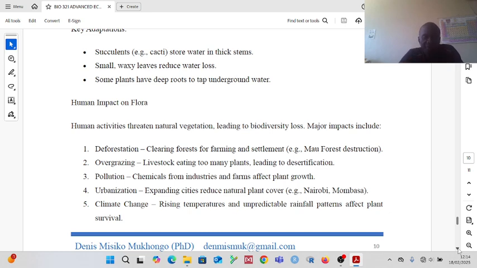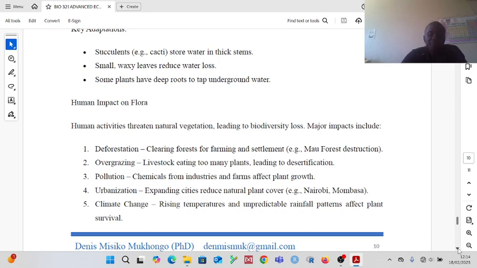So we'll still have deforestation, we'll still have overgrazing, we'll still have things like pollution, where chemicals are being released from industries, released from farms where people are using chemicals to control weeds. So these chemicals will be impacting the natural vegetation, urbanization, climate change, among others.